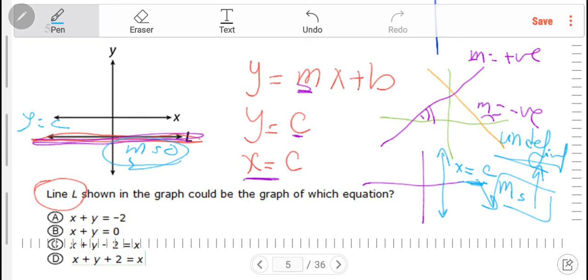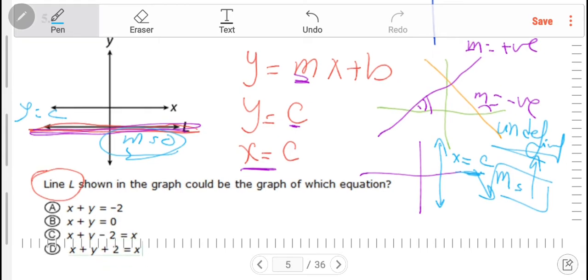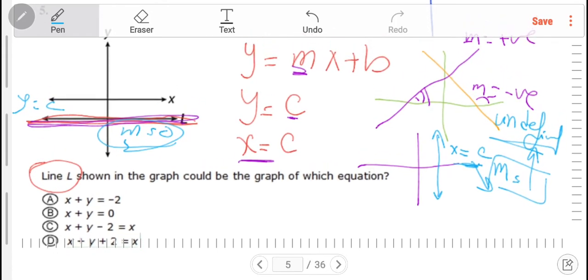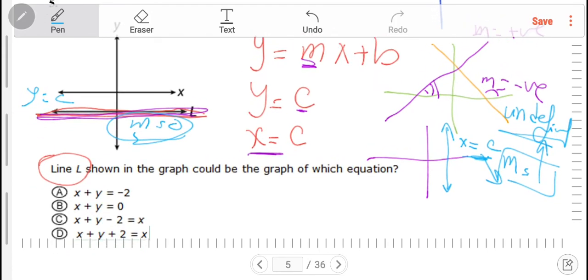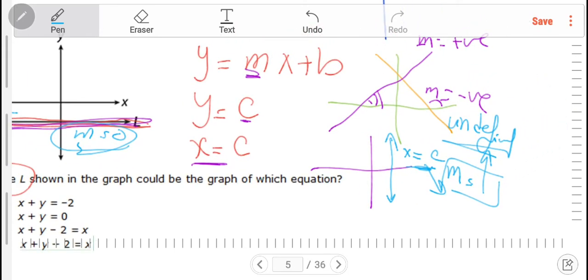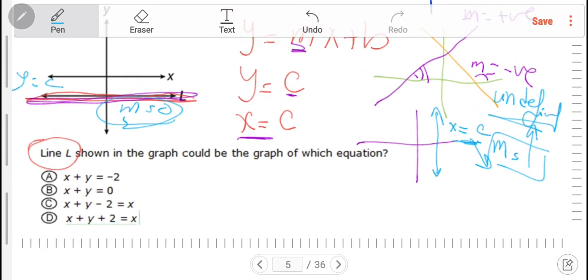So, to refresh our memory, all lines containing x and y are not appropriate now, because our line is parallel to the x-axis and below. Below means if the constant is positive, the line is above the x-axis. If the constant is negative, the line will be below the x-axis.